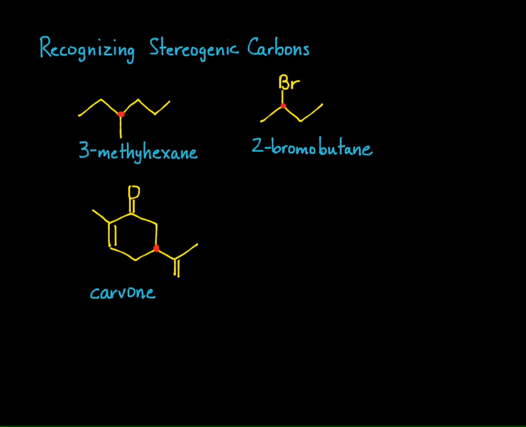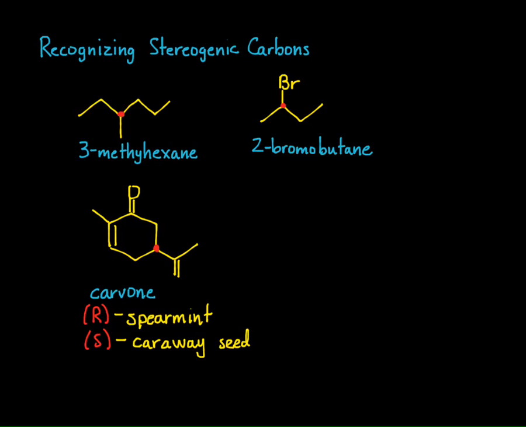And we're going to see later on how to assign that configuration, but I'll let you know right now, the R absolute configuration, the R isomer of carvone, is the oil of spearmint, right? So everybody knows what spearmint tastes like. Everybody's chewed spearmint gum. The S stereoisomer of carvone is caraway seed oil.